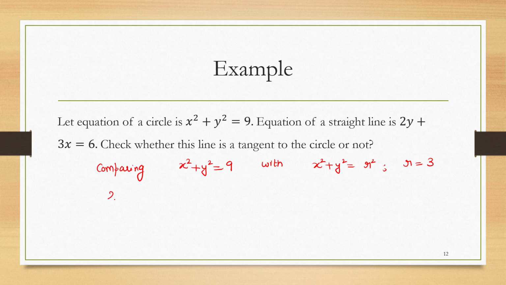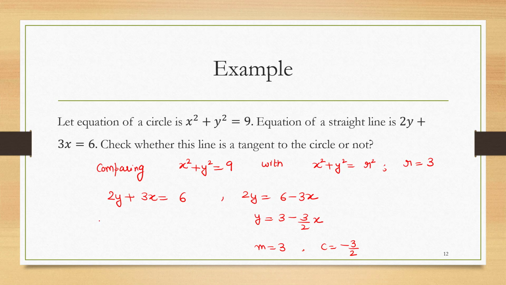Again, the equation of the straight line is 2y plus 3x equal to 6. We have to convert it into the form y is equal to mx plus c. So it is 2y is equal to 6 minus 3x, or y is equal to 3 minus 3 by 2 x. So m is equal to minus 3 by 2 and c is equal to 3.